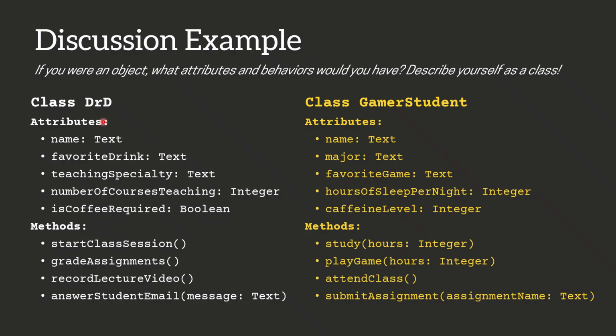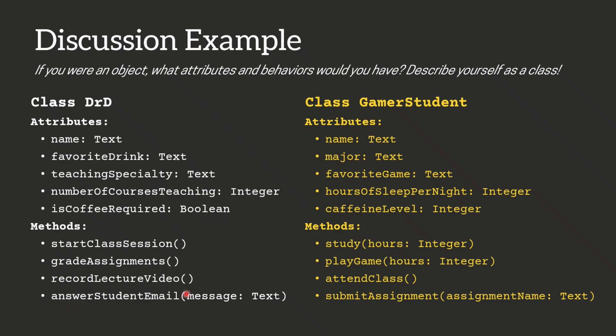I'm going to call my class Dr. D, as an example. So I have attributes of a name, my favorite drink, my teaching specialty, my number of courses teaching, and is coffee required. My methods are start class session, grade assignments, record lecture video, answer student email.